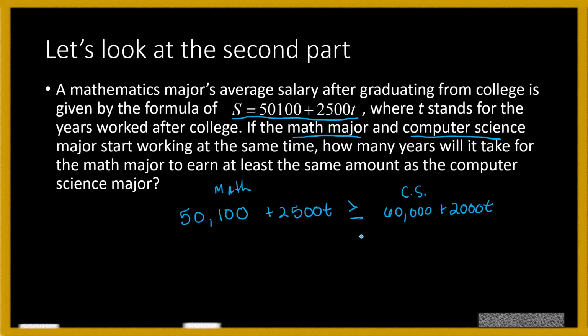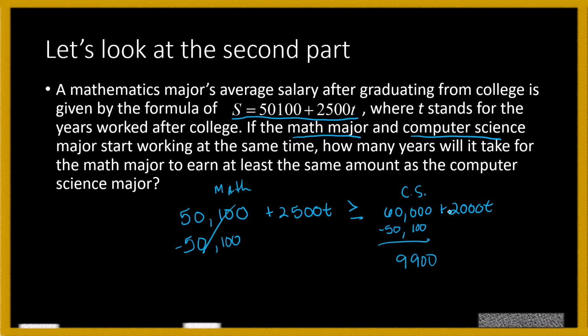So now you're going to have to go through and solve this. Now, since I like to have my variables positive, I'm going to go ahead and move the 50,000 from this side over to the right. And that's going to get me 9,900.